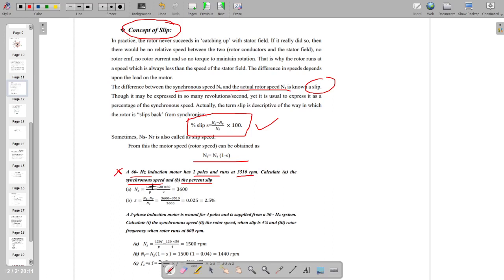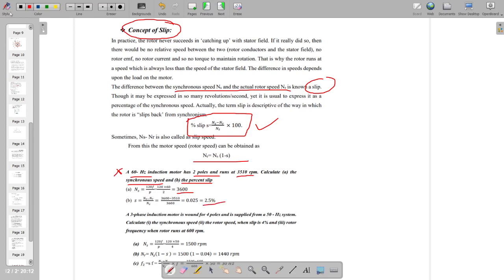Ns is equal to 120 f by P, so 120 into 60 upon 2 gives 3600 rpm. Slip is equal to (Ns minus Nr) upon Ns. Ns is 3600 and Nr is given as 3510 rpm. Substituting, we get 2.5 percent.